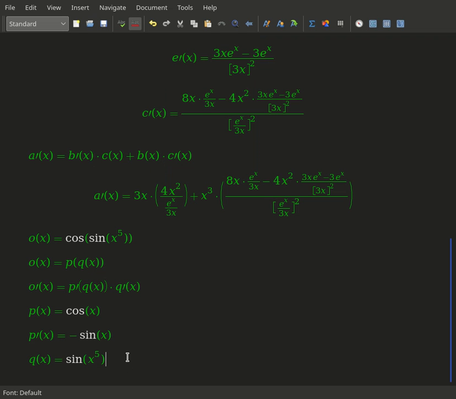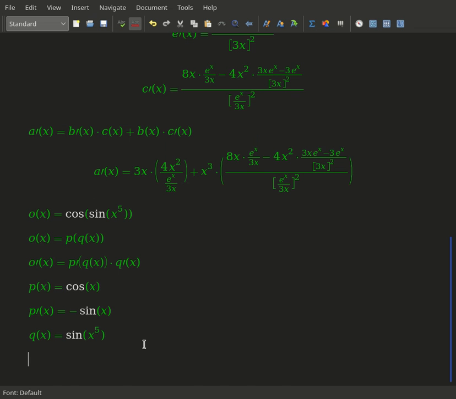So at this point, O prime is what we need. We've got P prime right down here, negative sine X. We've got Q of X, that's right there, sine of X to the fifth. All we need is Q prime now, but we can't get Q prime until we do another chain rule.